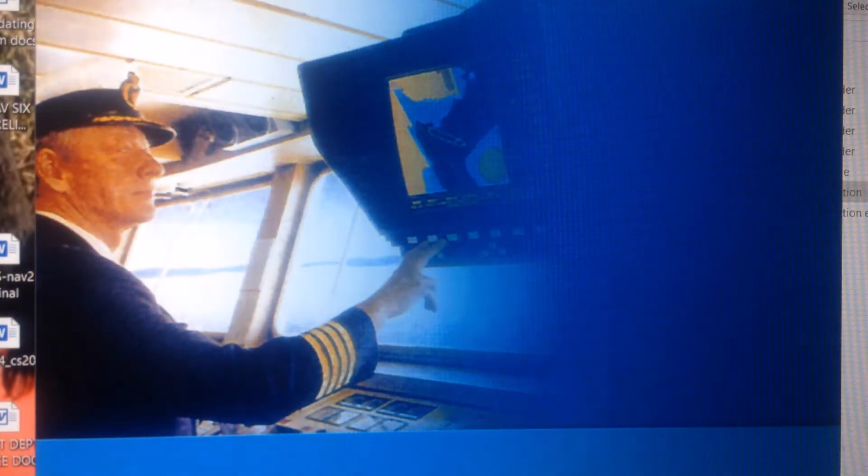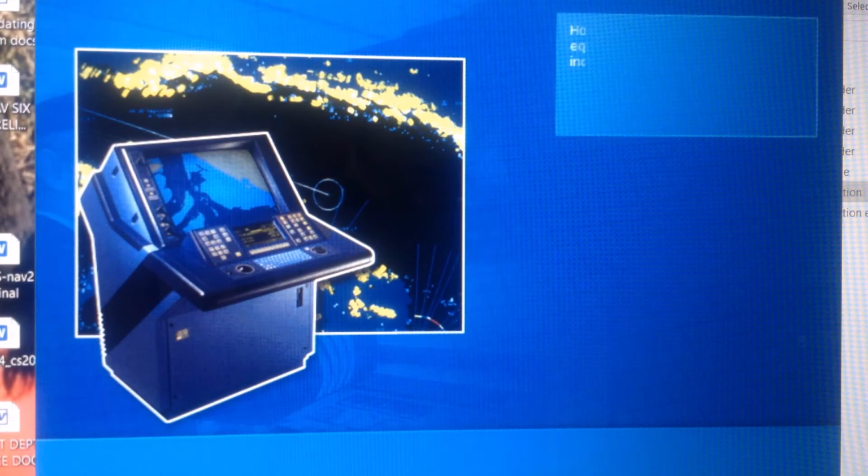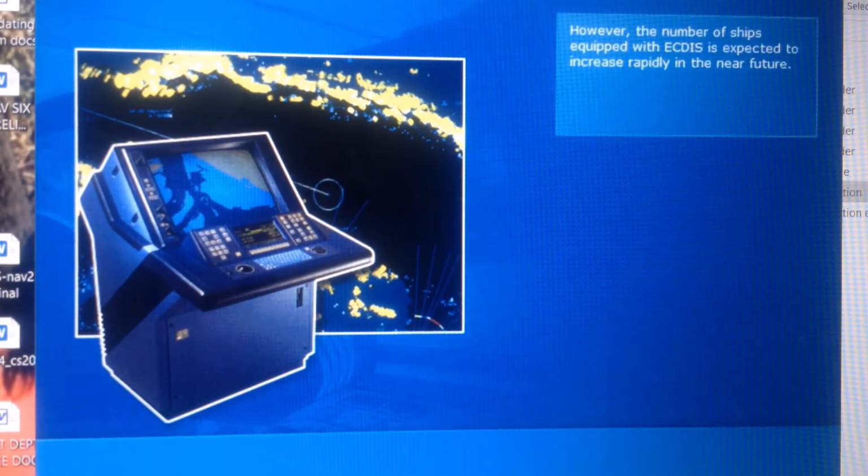Although several manufacturers produce ECDIS systems, and ECDIS has been around for some time, relatively few ships are equipped with such systems. The number of ships equipped with ECDIS is expected to increase rapidly in the near future.